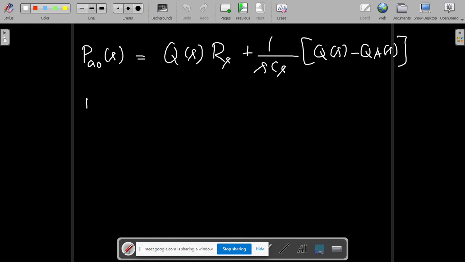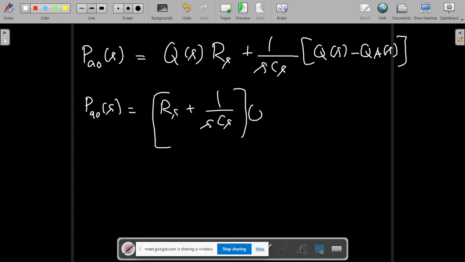Okay, so PAO of S is equal to, I'm just grouping all the Q of S terms together, so RS plus 1 by SCS into Q of S, sorry, you'll have a minus here, 1 by SCS into QA of S.